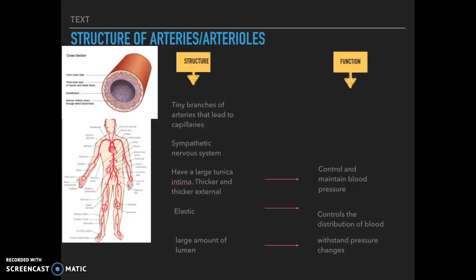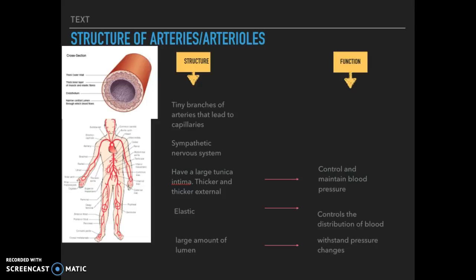So here's the structure of the arteries. So there are tiny branches of arteries that lead to capillaries. It's part of the sympathetic nervous system. They have a thicker external layer, and this leads to the function because it controls and maintains the blood pressure.